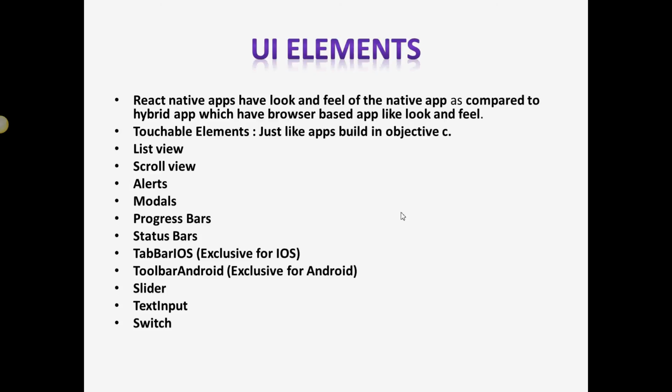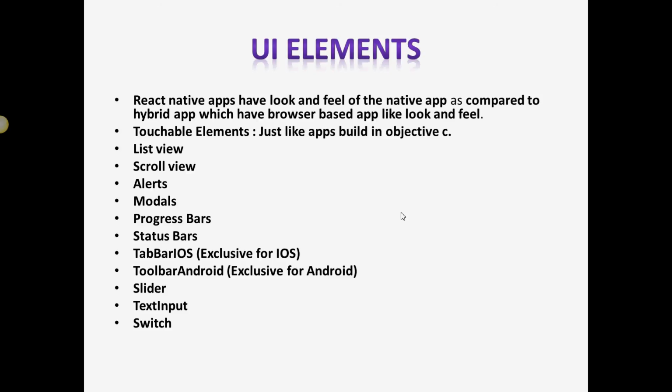These components are coded so that their look and feel is very similar to Android and iOS, so you just use them as they are. Alerts show modal pop-ups. You have a progress bar component, a status bar to show the status, tab bar iOS, and then toolbar Android.